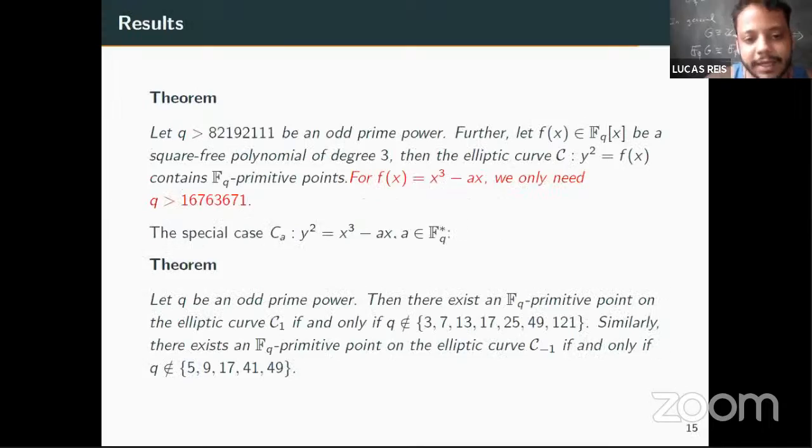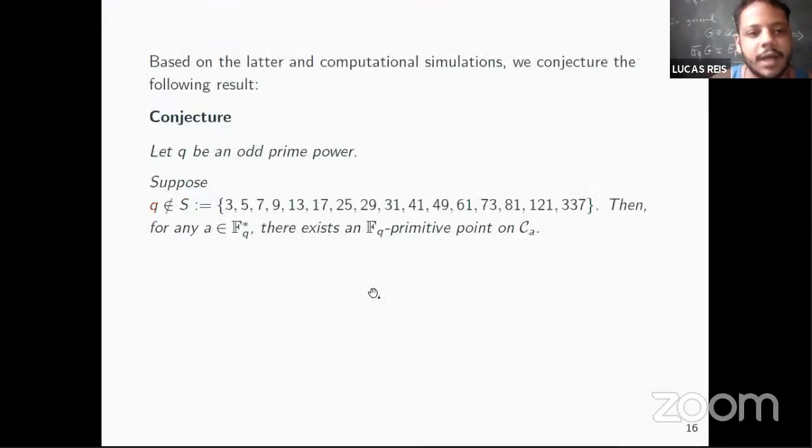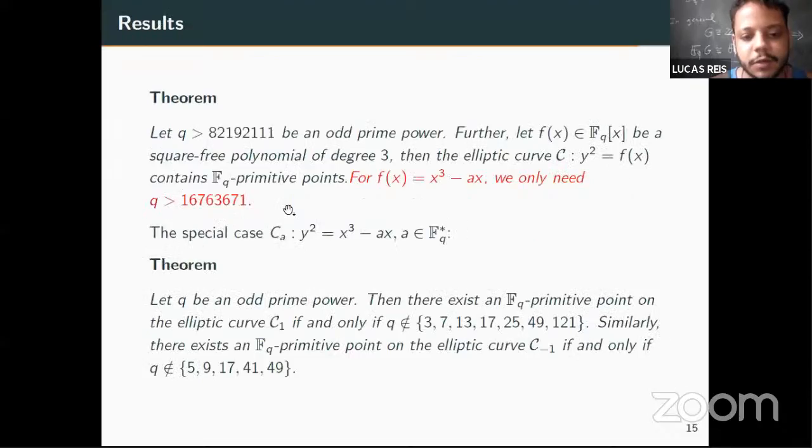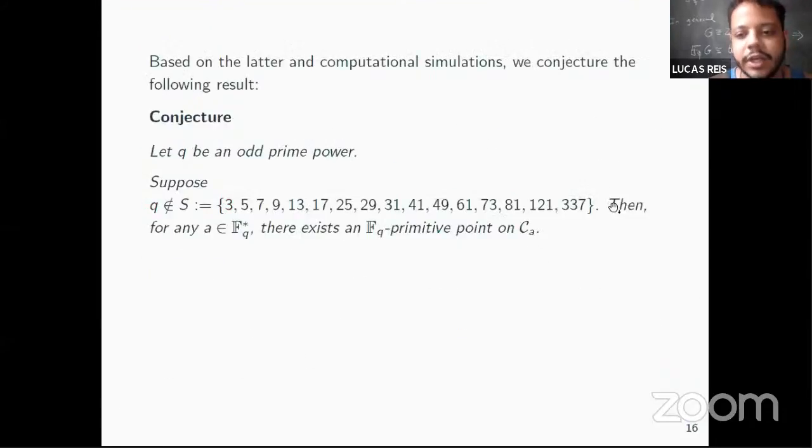And so motivated by this case of this special f, x cubed minus ax, we propose this conjecture. So we take q, an odd prime power, and just exclude all the values in these two lists. If q is not here, then this curve C_a always has an Fq-primitive point.